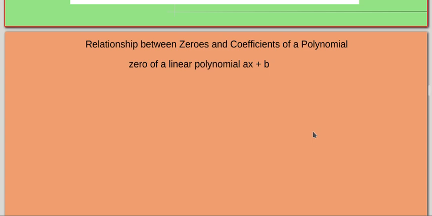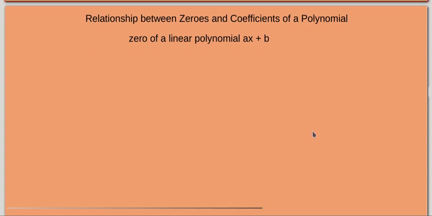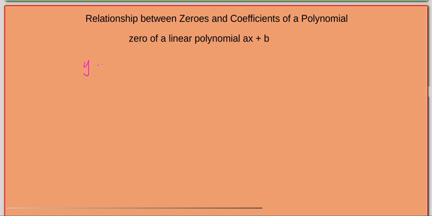Relationship between zeros and the coefficients of a polynomial. Zero of a linear polynomial ax plus b. Suppose we take a polynomial y is equal to ax plus b. If we equalize it to 0, ax plus b equal to 0, what will happen? ax equal to minus b and x is equal to minus b by a.